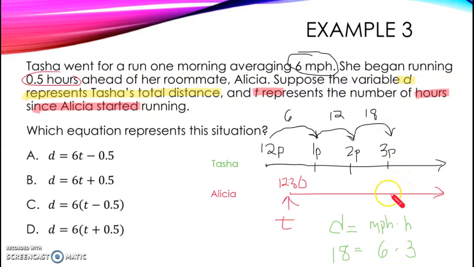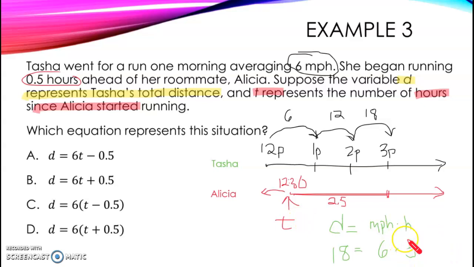But by the time Tasha has run 3 hours, Alicia has only gone 2.5 hours. She's gone a half hour shorter, right? And so we need to take the amount of time that Alicia has run and add the 30 minutes before that to make up for the time that Tasha has.